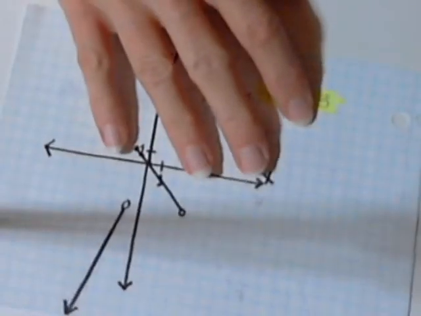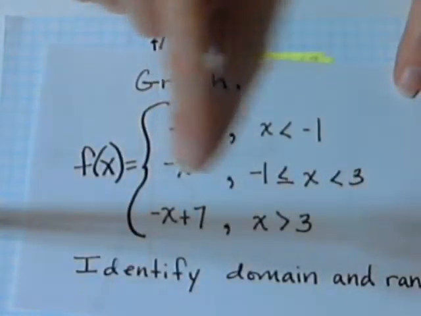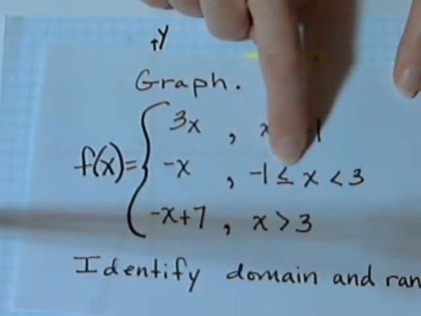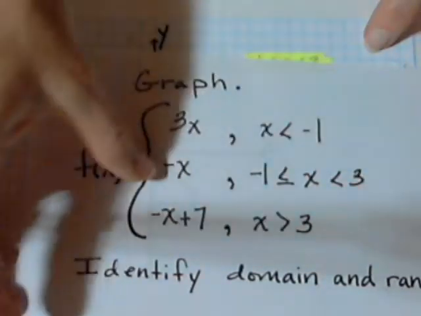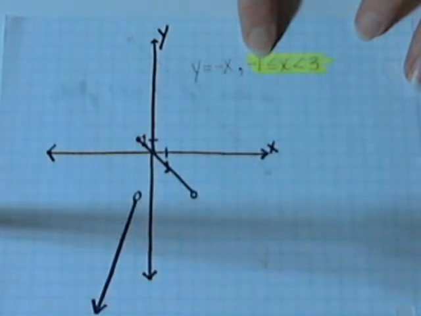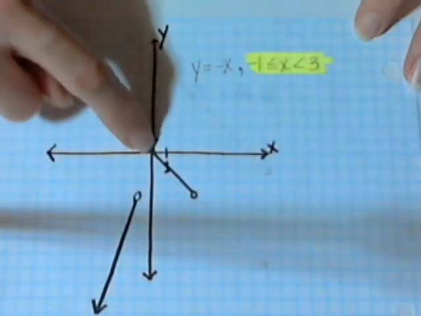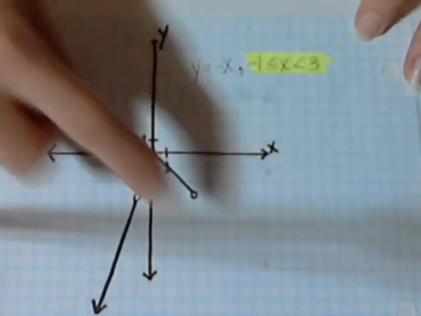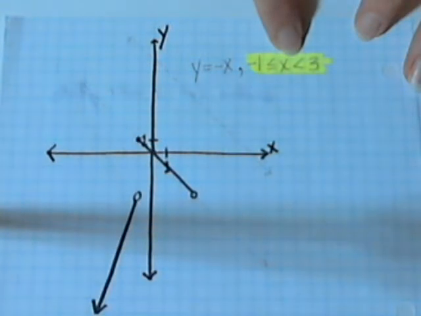Our next line was the negative x. We had negative 1 less than or equal to x less than 3. So let's look at this portion. So y equals negative x, and we went from negative 1 to 3. Looking at this line that goes through 0 and has a slope of negative 1, along our x-axis, because that is what we're concerned with, we find negative 1 and we find 3.